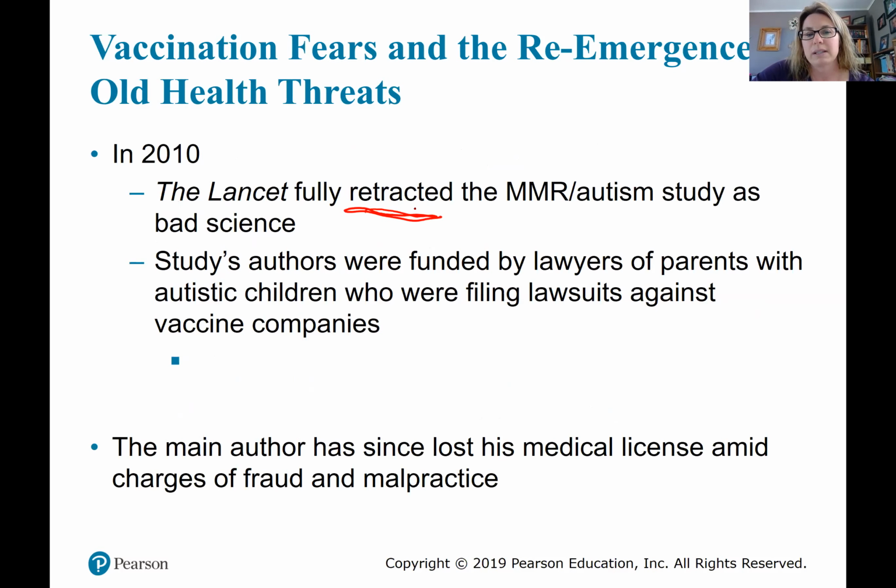And one of the reasons, besides there being only 12 subjects, is that the authors, the people conducting the study, were receiving their paycheck from lawyers that were hired by parents whose children had become autistic, or were diagnosed as autistic, I should say, and they were trying to sue vaccine companies. So there was a major conflict of interest.